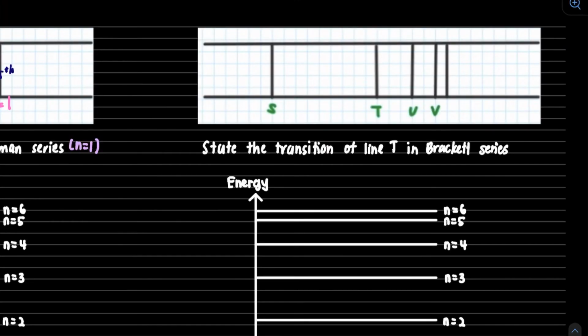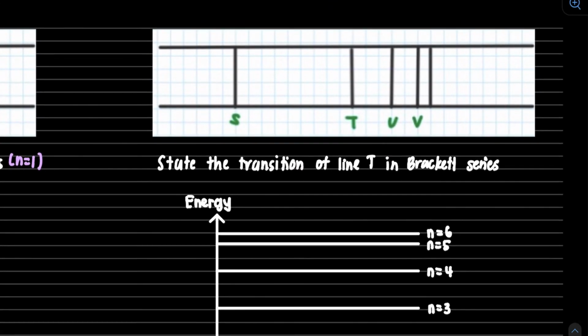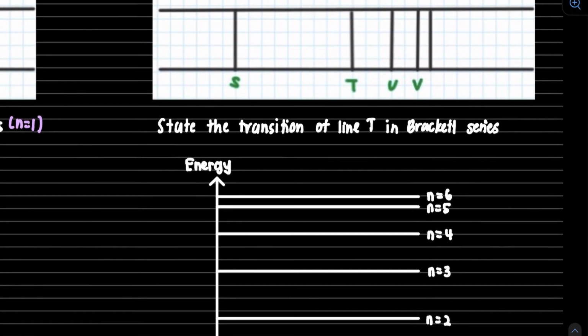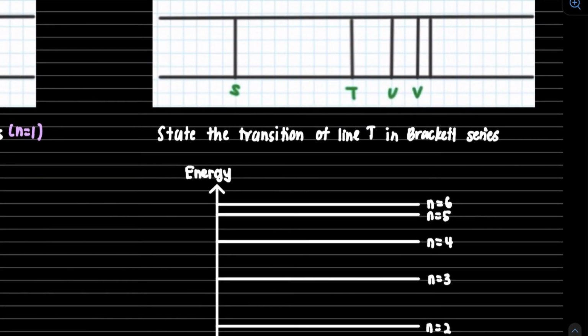Okay. So here, from the example from the Google Form as well, state the transition of line T in the Brackett series. Brackett series is about n equal to 4, meaning it will fall to n equal to 4. So we know we wrote down earlier: this is my first, this is my second, this is my third, and so on.